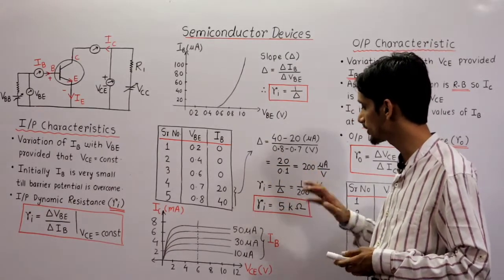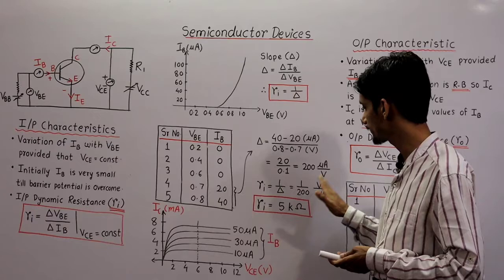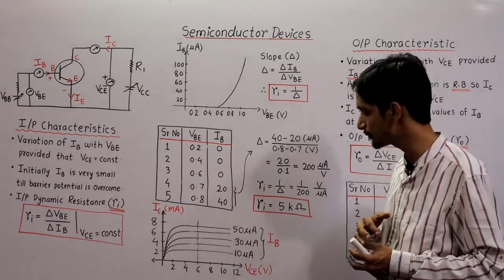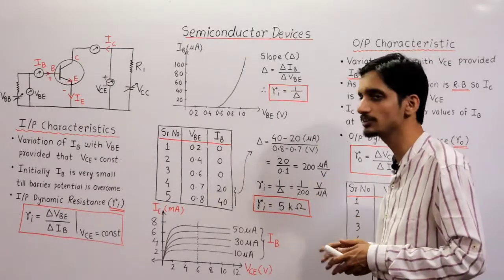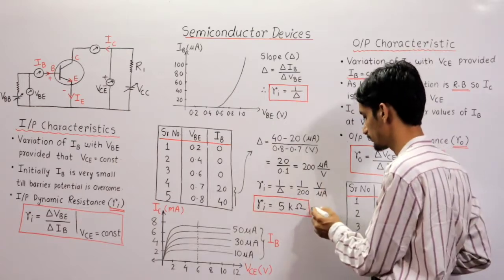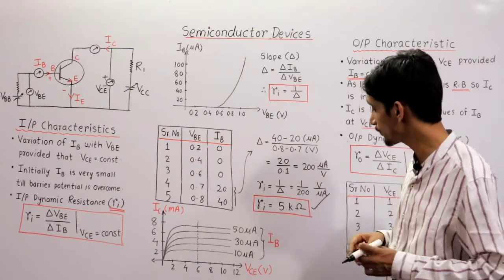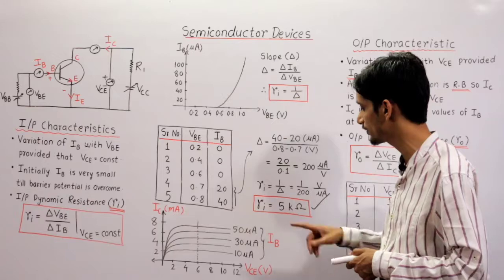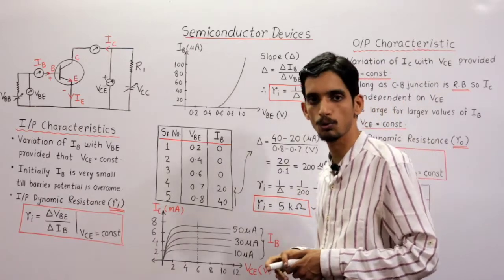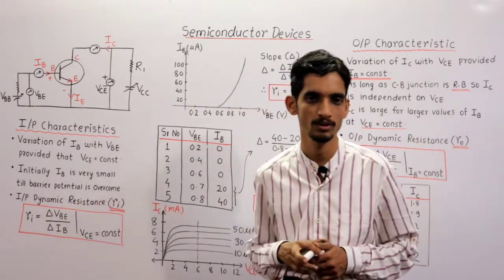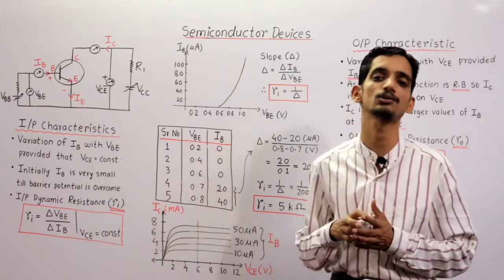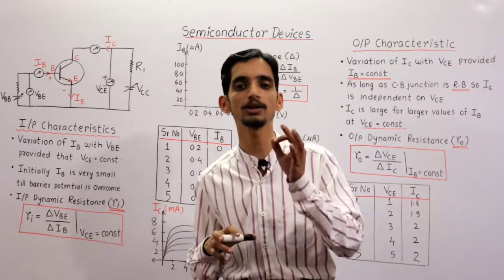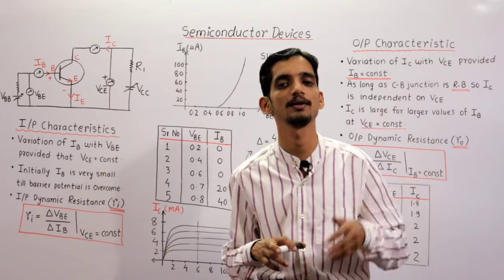If I take the reciprocal of that slope, I get input resistance of 1 upon 200 volt per microampere, which is 5 kilo ohm. So the input resistance of common emitter configuration is 5 kilo ohms. So it is high. This is an important characteristic of the common emitter configuration: the input resistance is very, very high.